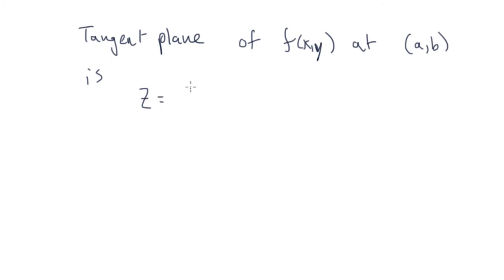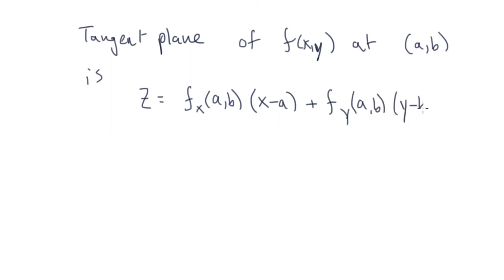I get the partial of f with respect to x evaluated at (a, b), times x minus a, plus the partial with respect to y evaluated at (a, b), times y minus b, and then plus f of (a, b).